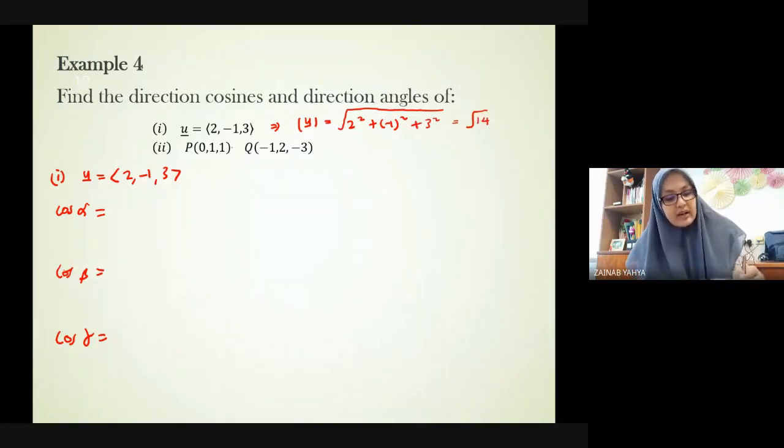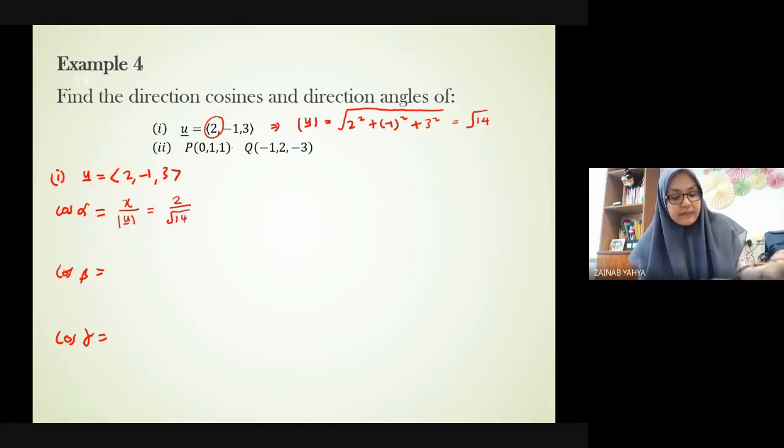So cos alpha will be x, I write the formula first, divided by the magnitude of U, which is square root 14. The x component here is 2, so 2 divided by square root 14.